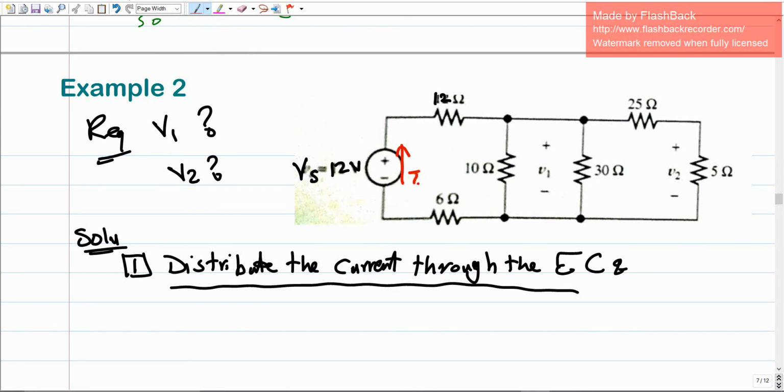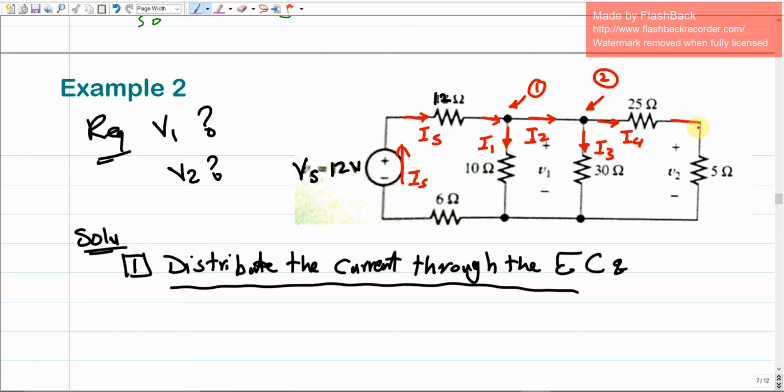So we're going to have here IS, the total current, which is going to be over the 12 ohm as well. At node 1, this current is going to be divided into two currents. So we're going to have here, let's say I1, then here I2, agree? Then at node 2, the I2 current will be divided further into I3 and I4.